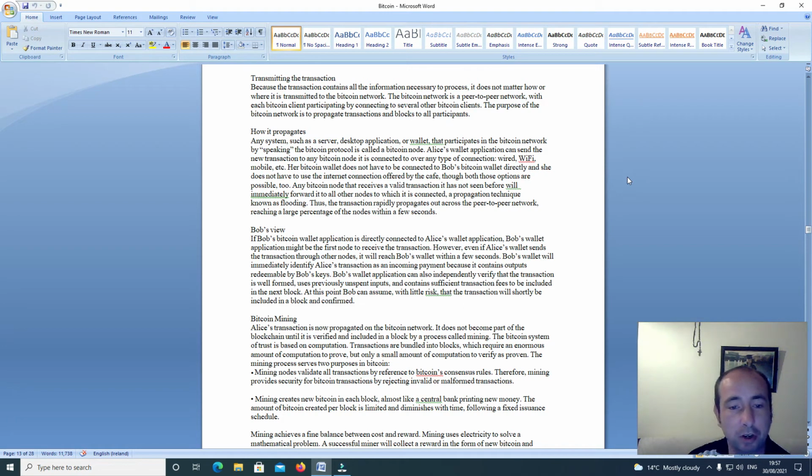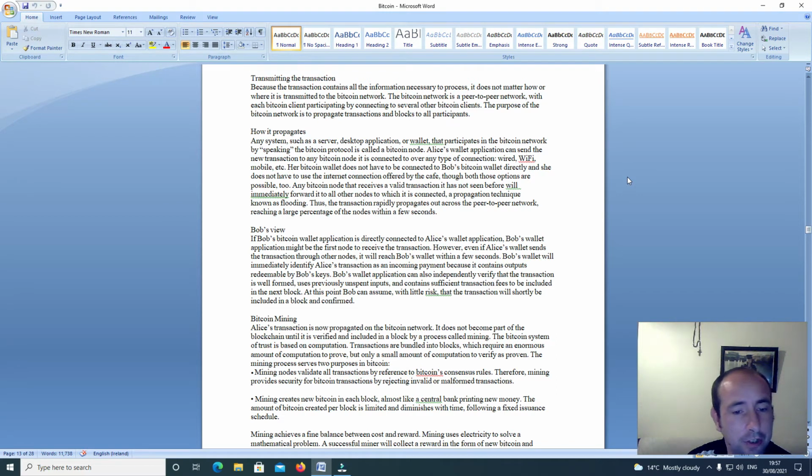Any Bitcoin node that receives a valid transaction it has not seen before will immediately forward it to other nodes to which it is connected, a propagation technique known as flooding. Thus, the transaction rapidly propagates out across the peer-to-peer network, reaching a large percentage of the nodes within a few seconds. Bob's view.